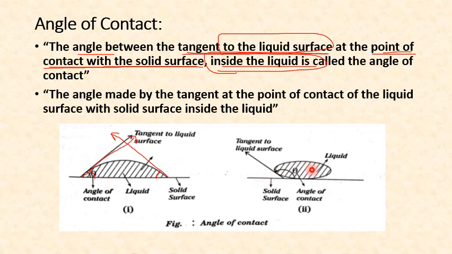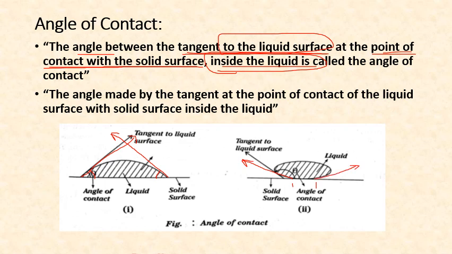Now if you consider this second drop, here also the liquid touches the solid surface at this point and at this point. At the point of contact we draw the tangent to the liquid surface, either like this or like this.